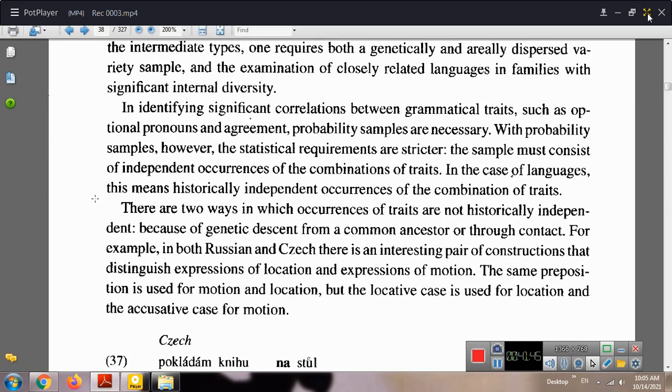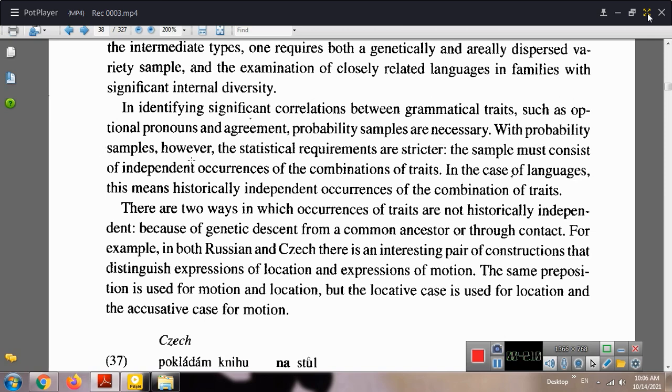for showing them. In identifying significant correlation between grammatical traits such as optional pronouns and agreement, probability samples are necessary.